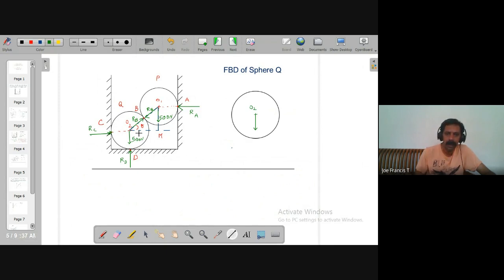And of course you have RB, which is acting inclined to this leg. You have RB acting at point B. Now you can have RC, which is horizontal. Horizontal line.